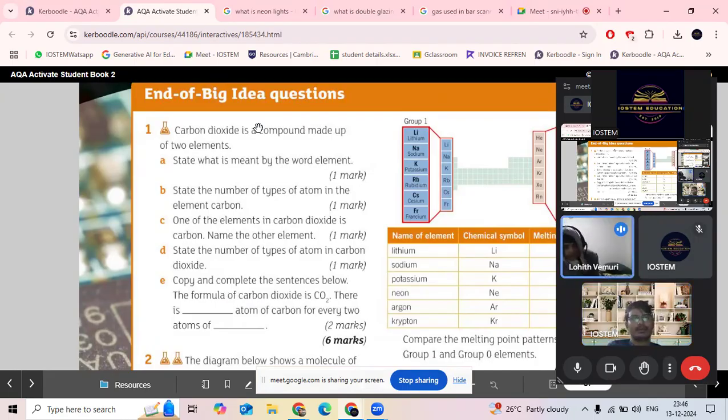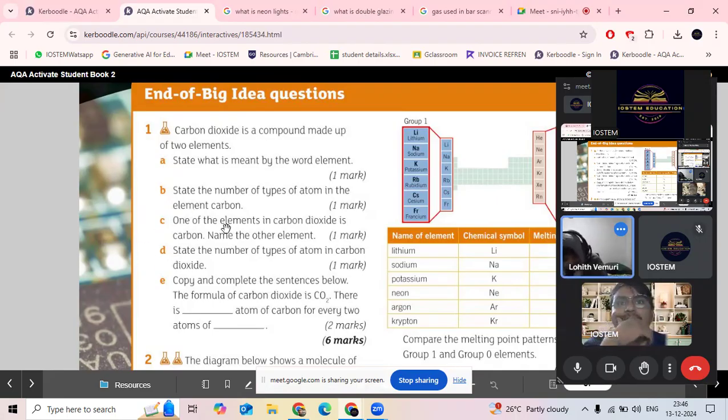An element is a substance made up of one type of atom. Oxygen and carbon. The formula of carbon dioxide is CO2. There is one atom of carbon for every 2 atoms of oxygen.